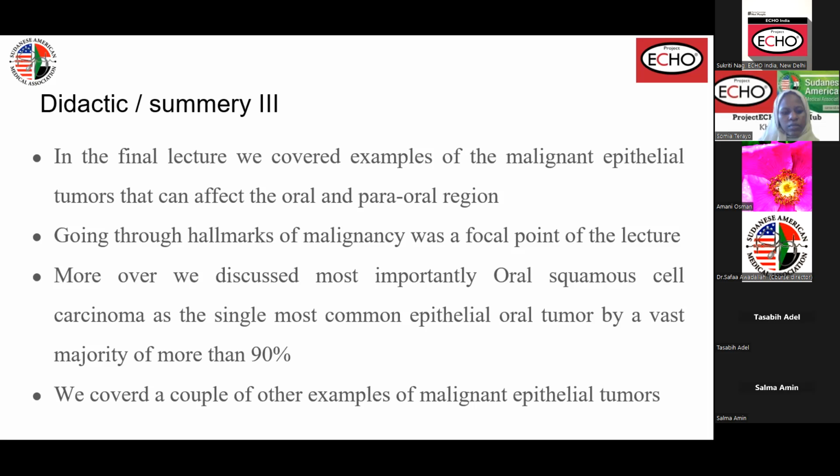We discussed the most common epithelial oral tumor, which is oral squamous cell carcinoma, which represents by a vast majority, more than 90% of the cases in oral tumors. We also covered a couple of other examples of malignant epithelial tumors, for example, basal cell carcinoma and verrucous carcinoma.